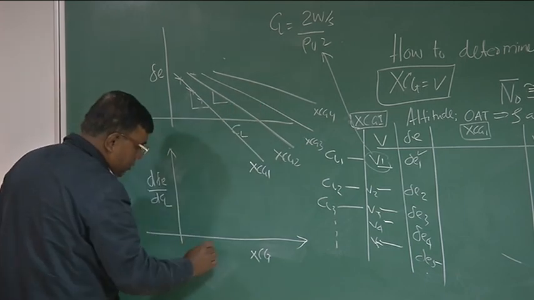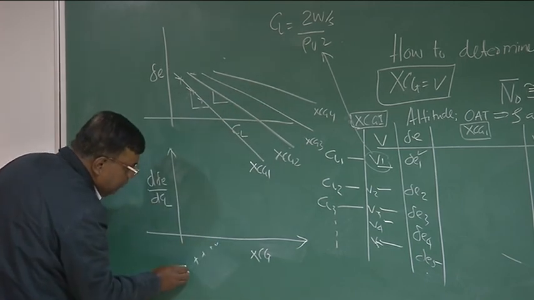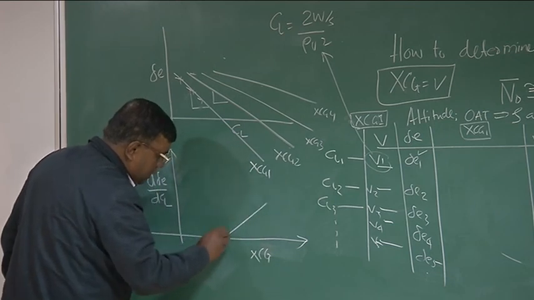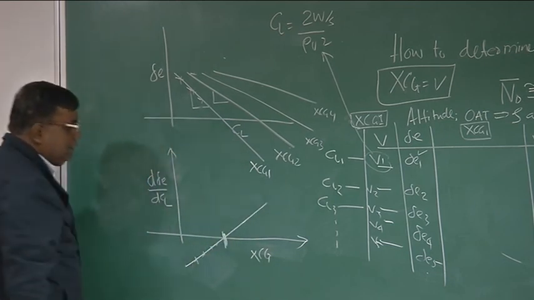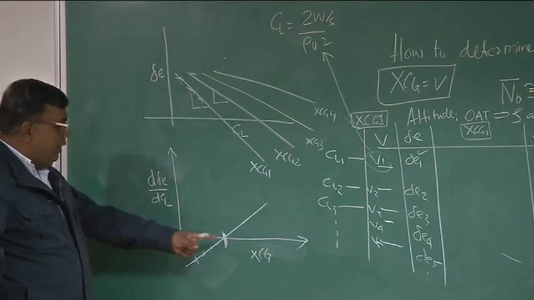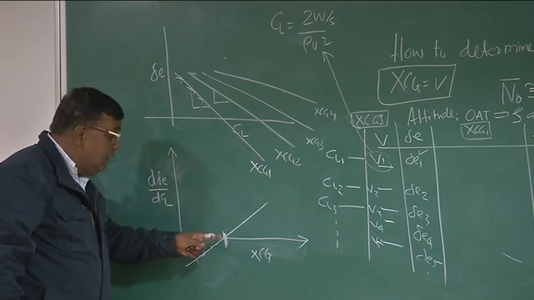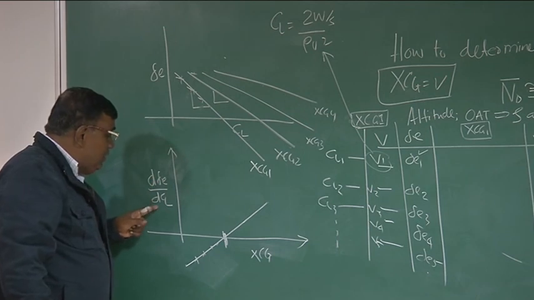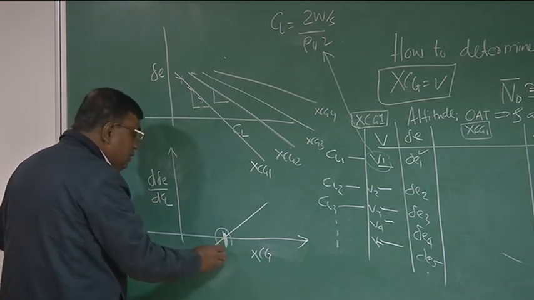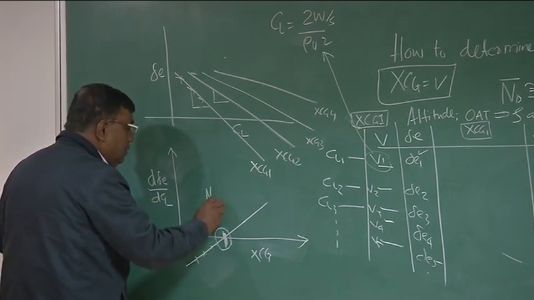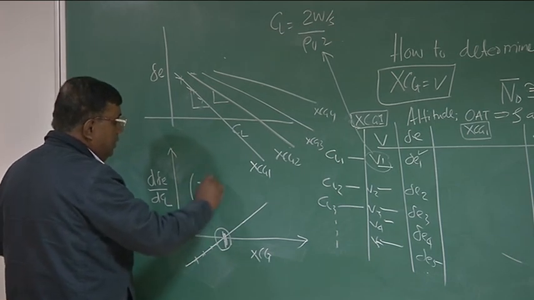Like this I'll get points, I join them and it cuts at a point on the x-axis. So this is the CG location at which d delta E by dCl trim is 0. So this is the neutral point, stick fixed.